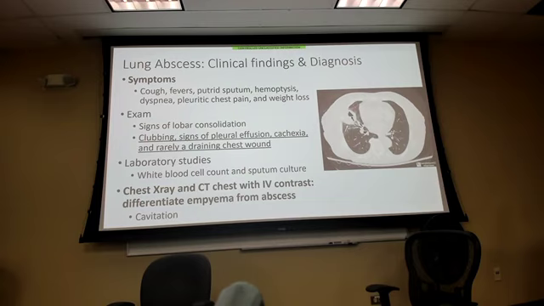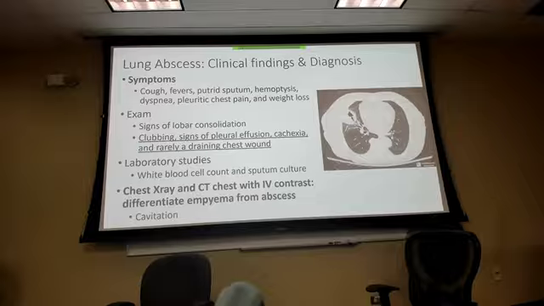Want to absolutely get a white count and a sputum culture, along with all the other normal bacteria and infectious type things, but the white count and the sputum culture are what you need. Okay. Chest x-ray, CT chest with IV contrast. You need to differentiate between an empyema and an abscess, right? If the abscess is right abutted to the parietal pleura, you might not be able to tell on x-ray that it's an abscess versus an empyema, because remember, empyemas are between the visceral and the parietal pleura.